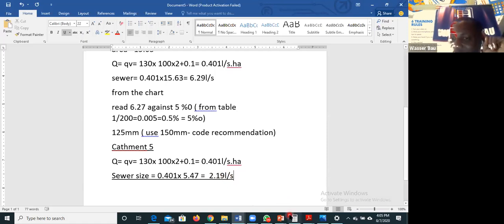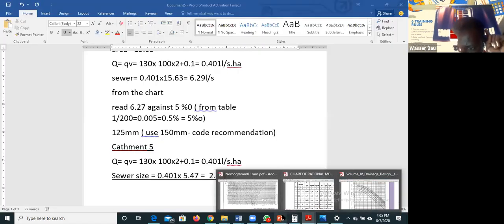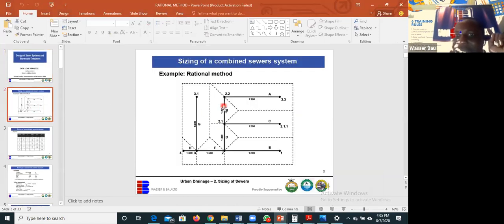Why I'm not going to size this now is because if you look at this exercise, catchment B is receiving discharge from catchment A. So catchment B is 2.19, but the discharge flowing in catchment B is going to be the addition of catchment A plus catchment B, because catchment B is downstream of catchment A. When I was teaching some people water reticulation last time, I told them that the specific demand in catchment B is 2.19, but the wastewater flow at any given time is going to be the wastewater flow coming from A plus the base demand for B. You can look at B as the base.